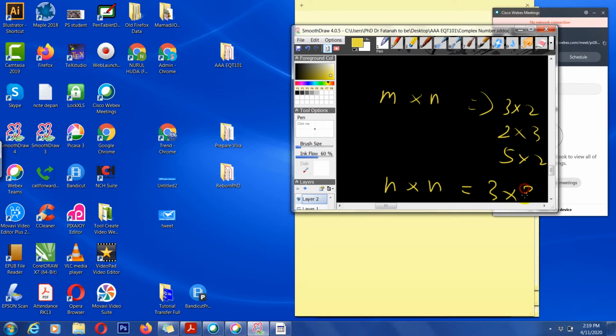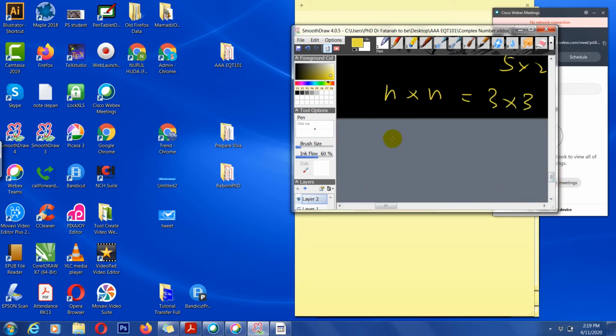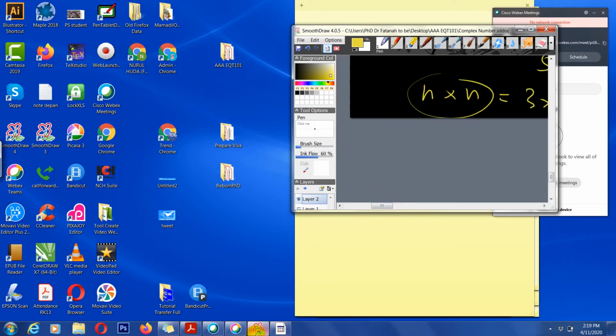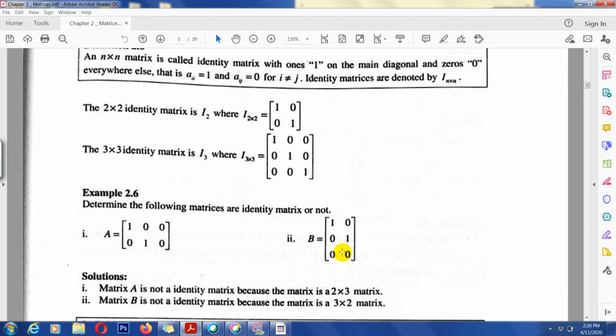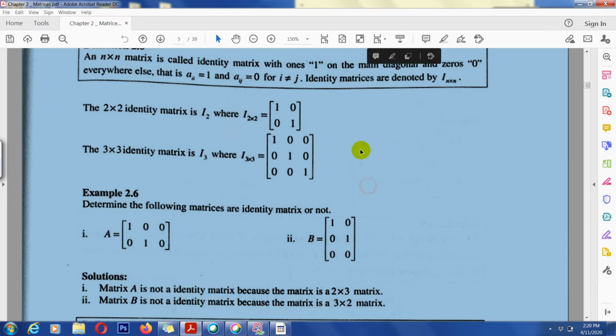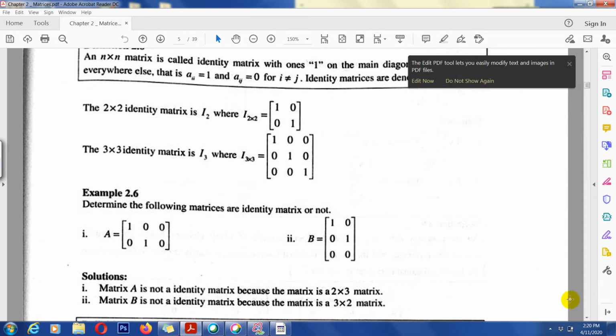If 3, it should be 3; if you have 5 by 5. So square matrices should have the same number. This one is 3 by 2, so it does not satisfy the first condition of this definition. Alright, next.